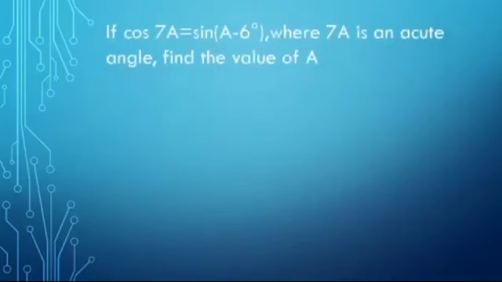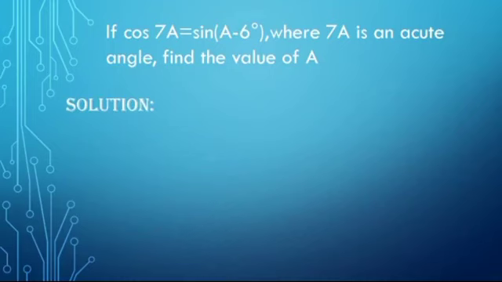If cos 7A is equal to sin(A minus 6 degrees), where 7A is an acute angle, find the value of A. Let's do the solution.